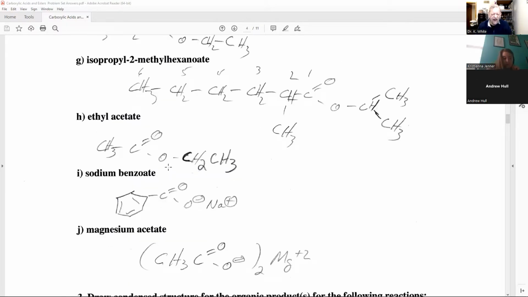Now, the other common name I asked, you should know, ethyl acetate, like you find in nail polish remover, is this ester. Nobody ever calls it ethyl ethanoate because everybody uses the common name. It's been around a lot longer.